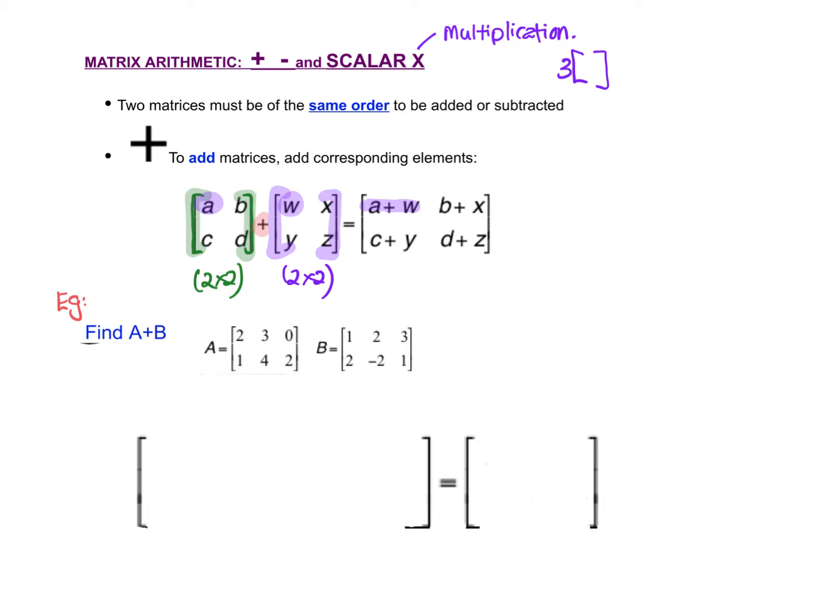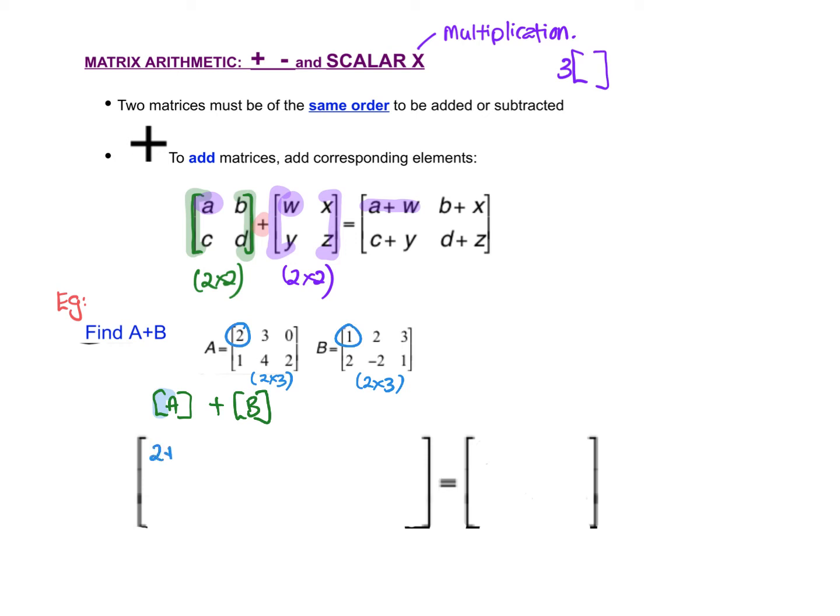So let's do this example down here where we're going to do matrix A plus matrix B. So you can see that this matrix is a 2 by 3 and this is also a 2 by 3. So the same spots are going to get added together.